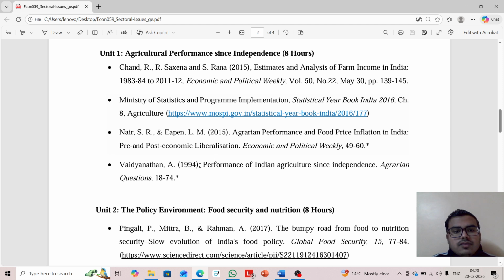And the other one is by Vaidyanath in 1994, Performance of Indian Agriculture since Independence. So these are the suggested material, the last two.